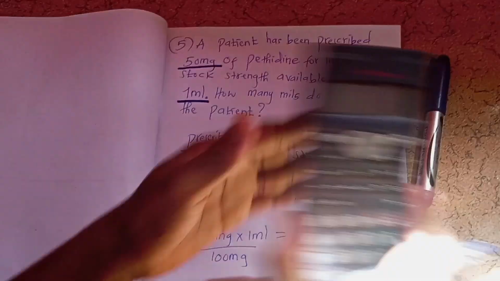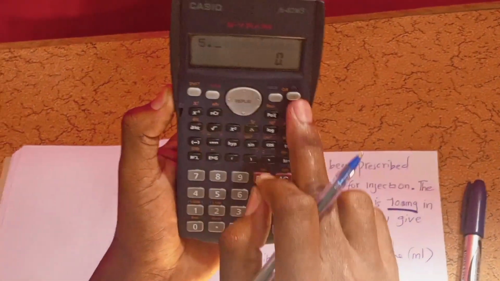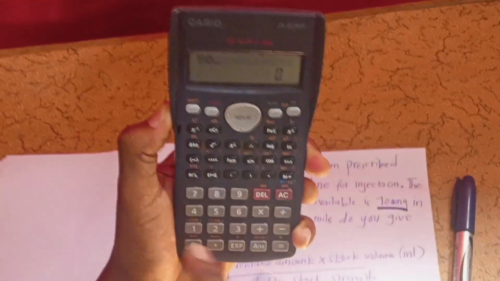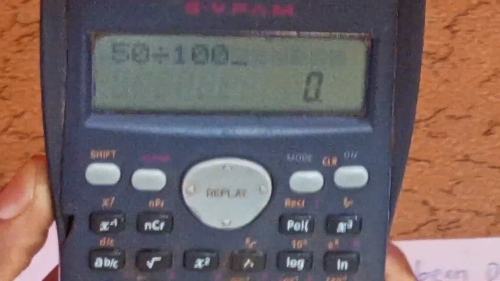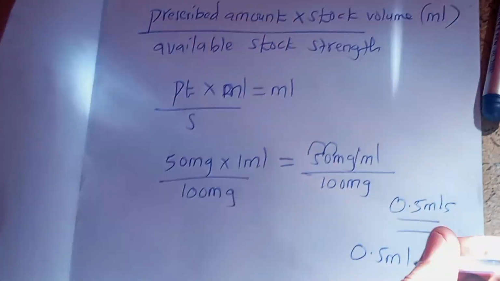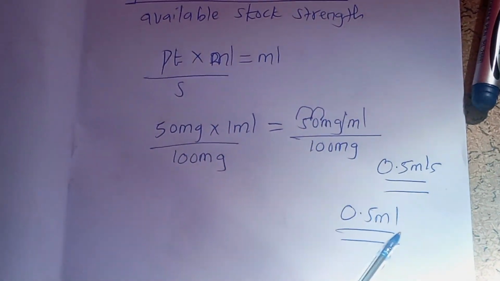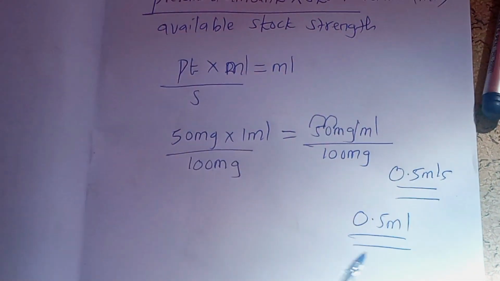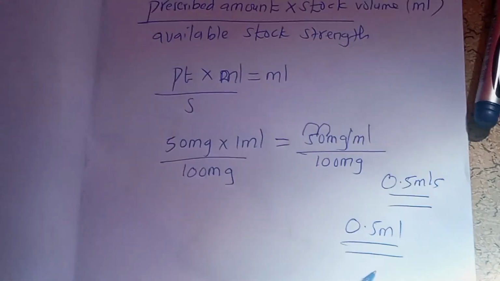Or you can calculate directly from the calculator: 50 mg divided by 100 mg, which gives us 0.5 ml. So this is our final volume which we are supposed to draw up and administer to the patient. This is how you are going to calculate volumes for drug injection.